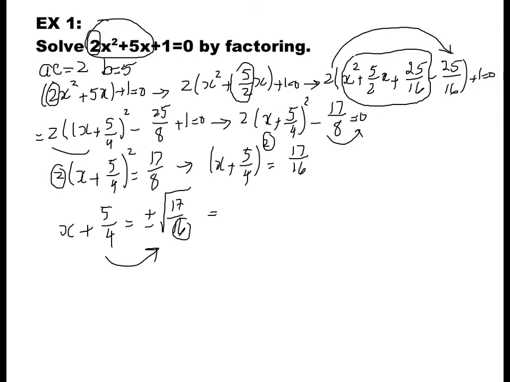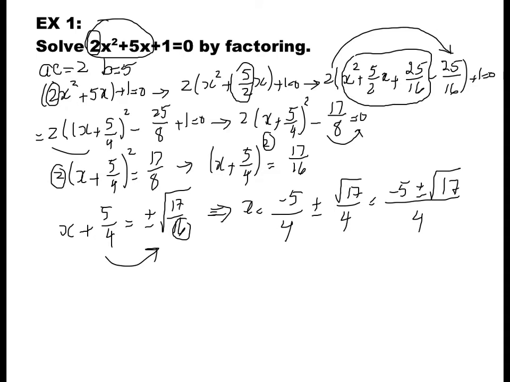So x is negative 5 over 4 plus or minus square root of 17 over 4. Now taking the common denominator of 4, I get the answer is negative 5 plus or minus square root of 17, over 4. So this gives me two solutions for x, either negative 5 plus square root of 17 over 4 or negative 5 minus square root of 17 over 4.